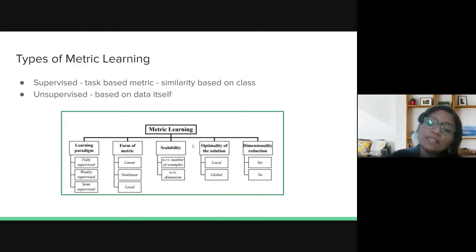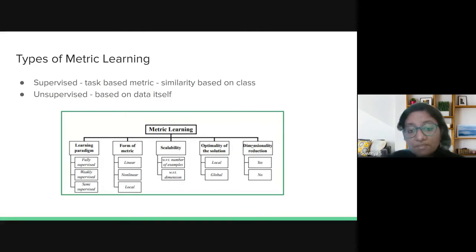Then you see whether it is scalable with respect to the number of examples, with respect to the dimension. In deep learning, of course, for us, the more the data, the better it is. But you can imagine it takes more time to learn. And optimality of the solution, whether it is local or global.